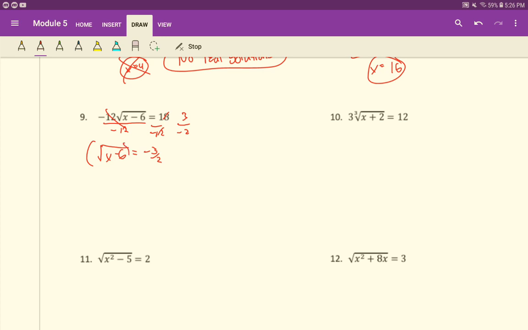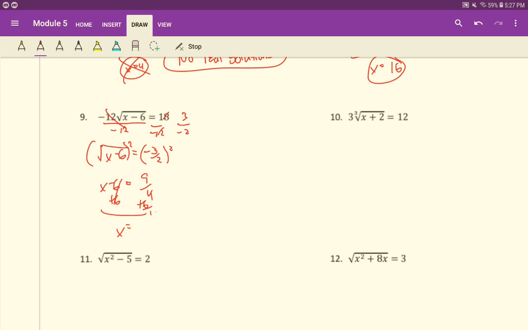Okay, we'll then square both sides to get rid of that square root. And we'll have x minus 6 equals 9 over 4. Okay, now 9 over 4, we will add 6 to both sides there. And then 6 and 9/4, well, they're not like terms. Sorry, they don't have common denominators.